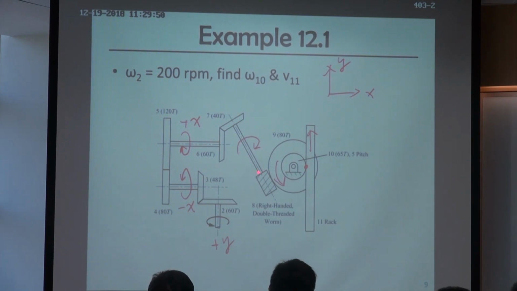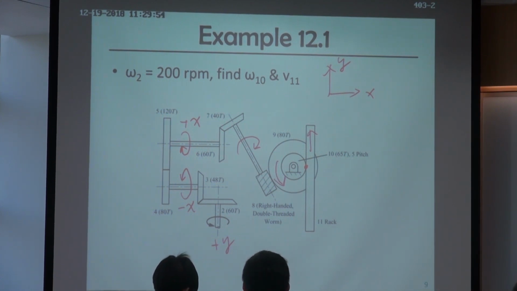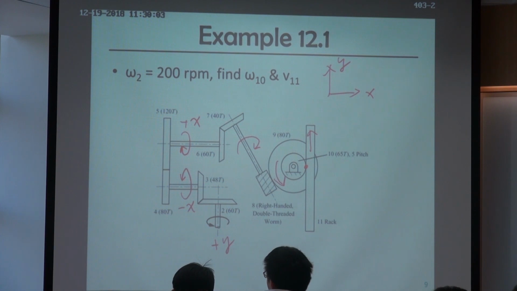This one is not x and y, so I just draw the direction, but I didn't determine it's x or y. But it's rotating according to my right-hand direction. This shaft is rotating according to our right-hand direction. Then we need to see if 9 is rotating clockwise or counterclockwise, so I'll use the same method.